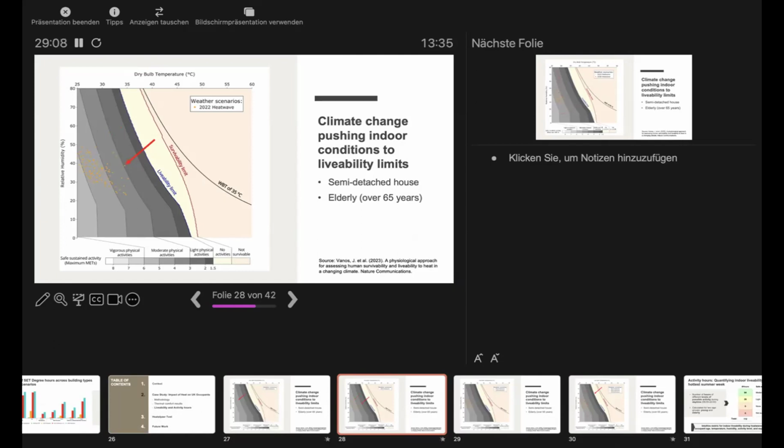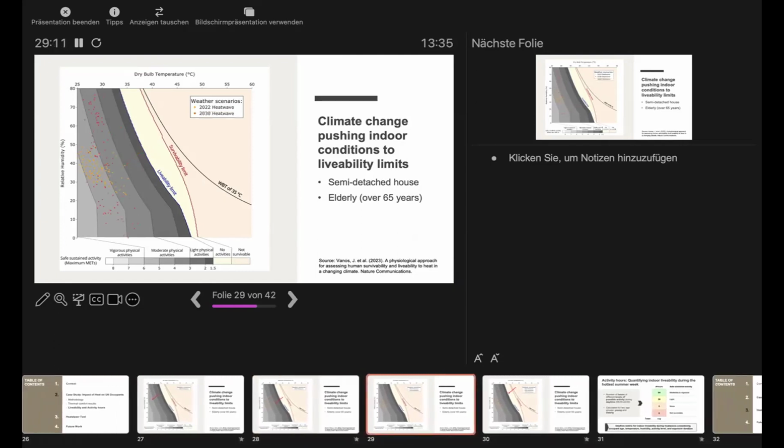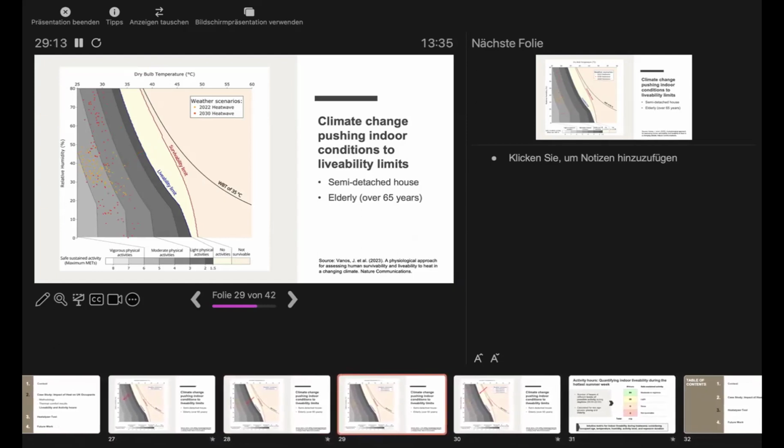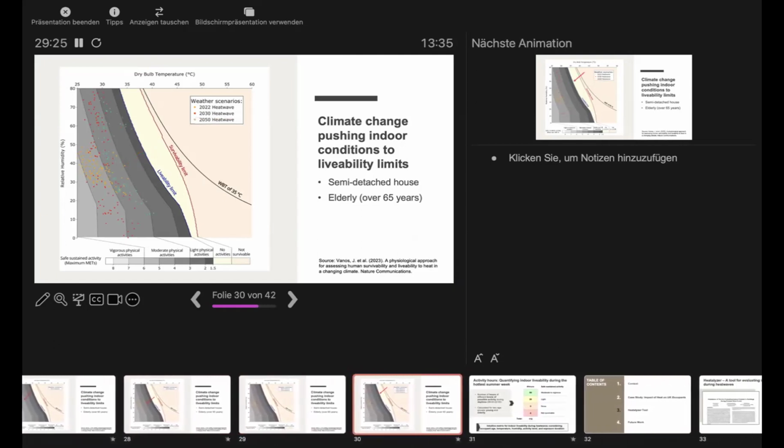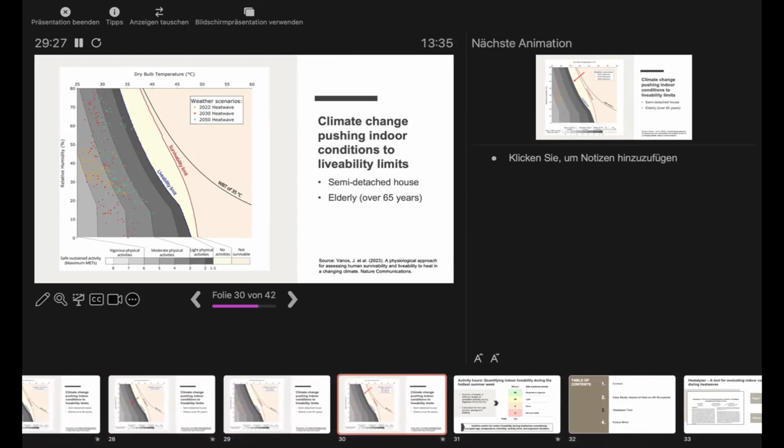We now also want to look at future heat waves, for example 2030. We can see that here the conditions already shift a bit closer to the livability limits. So elderly would be more and more restricted in how much they can do within their building. And if we go one step further and look at how a heat wave in 2050 would impact occupants, we can see that this is even more pronounced.